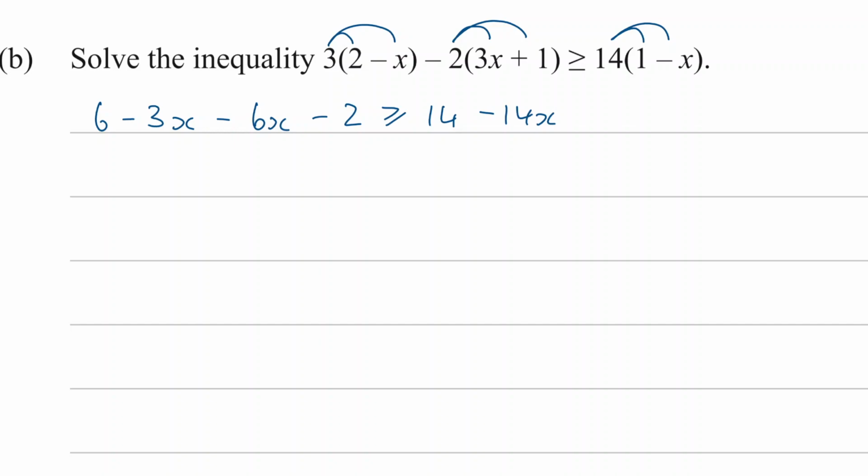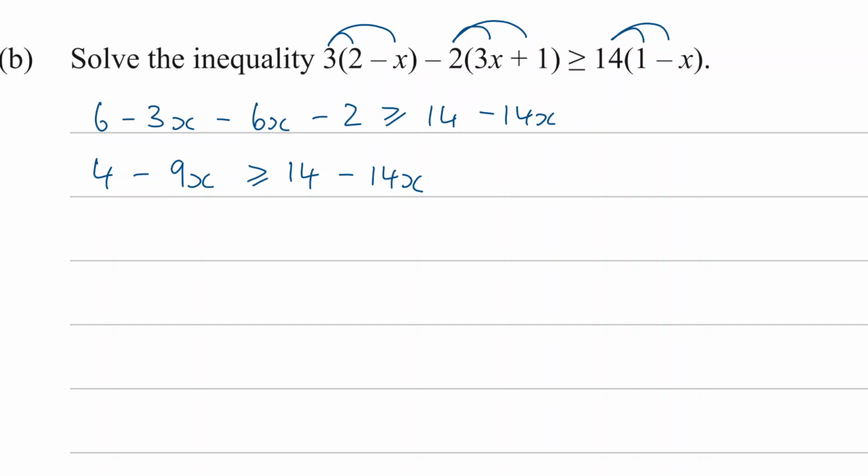Now we can group like terms. So on the left-hand side, we have 6 minus 2 becomes 4. Minus 3x minus 6x becomes minus 9x. That's all greater than or equal to 14 minus 14x. Now let's get all the terms with x in them on one side, and all the constants on the other.